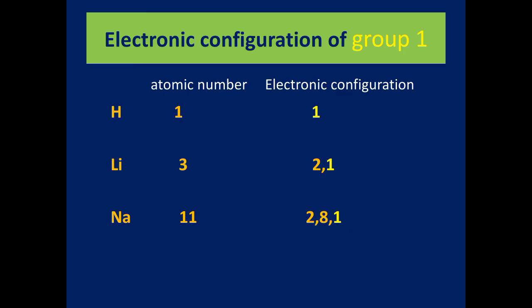In hydrogen there is only one electron, so the first shell shows only one electron. For lithium, 2 shells are there: in the K shell 2 electrons and in the L shell 1 electron. For sodium, the electrons are distributed in 3 shells. The electronic distribution is 2,8,1.